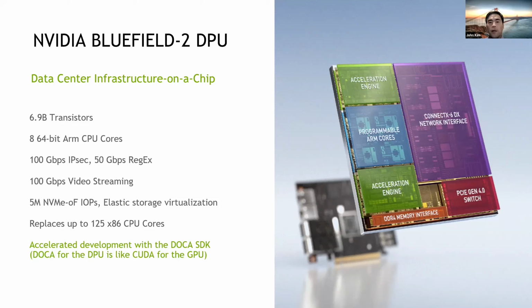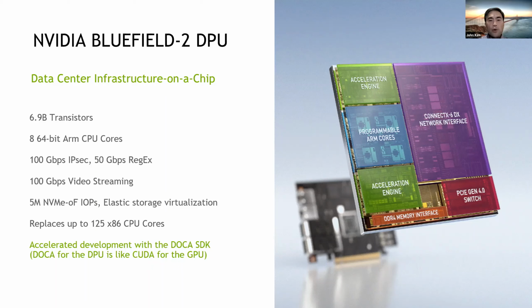on there. So all in all, the BlueField 2 DPU has the ability to replace up to 125 x86 CPU cores. So we take all the things that the BlueField 2 can do, including networking, security, storage, data movement, acceleration, video streaming, time synchronization. If you ran all of that on the CPU, it would probably take 125 cores.